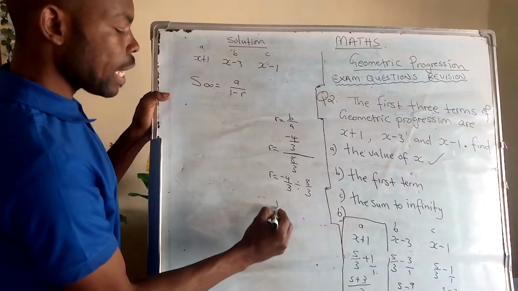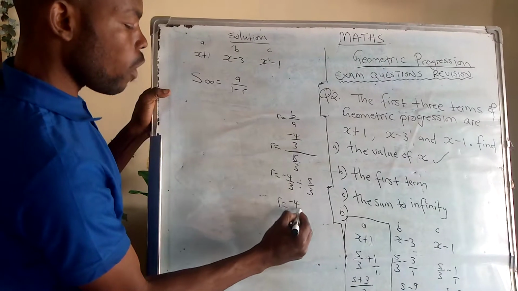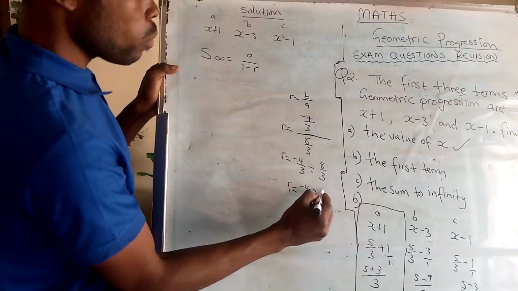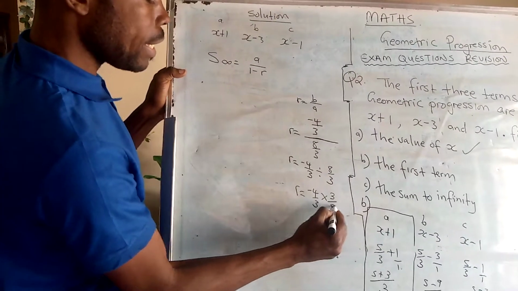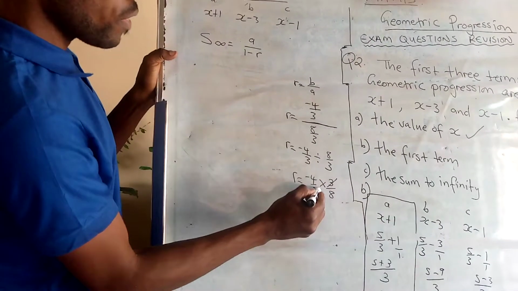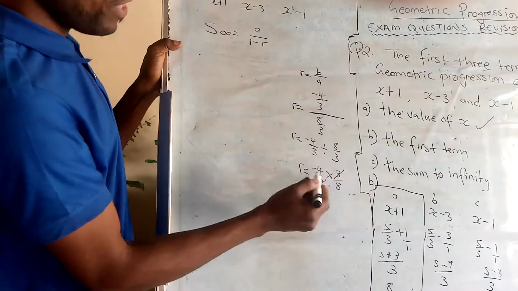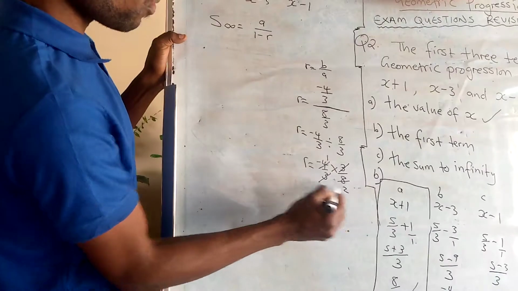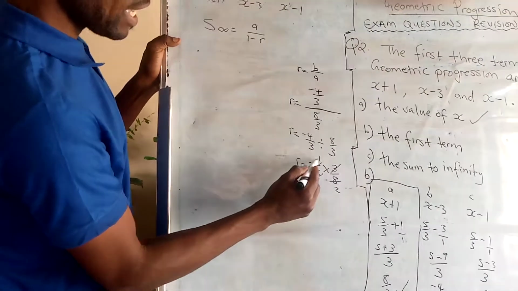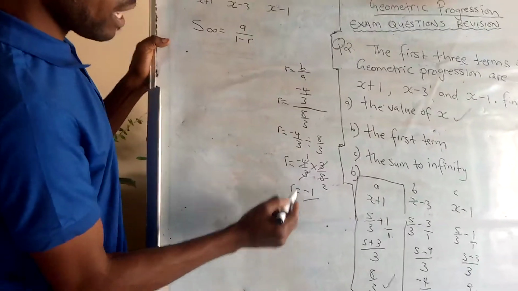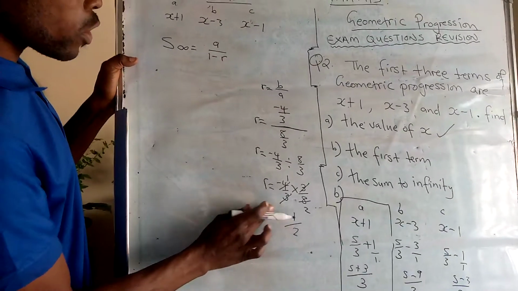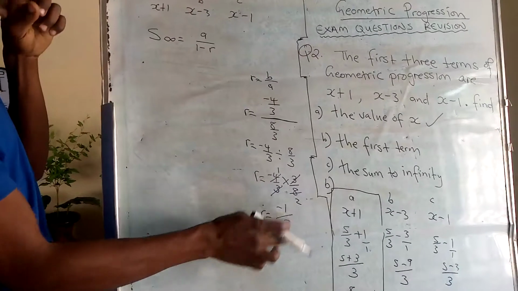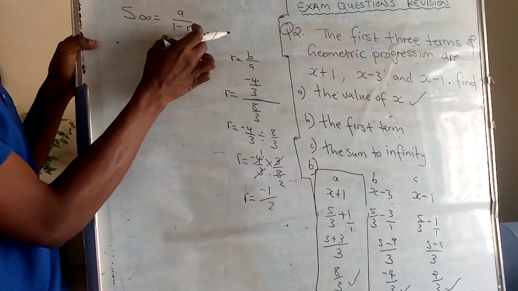Ratio is negative 4 over 3 times, when this one reciprocates, it will become 3 over 8, where you have 3 to go when you are dividing. Then 4 into 4 is 1, 4 into 8 is 2. So ratio remains -1 over 2. So that's our ratio. The ratio is -1 over 2.